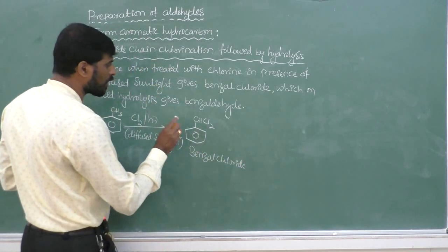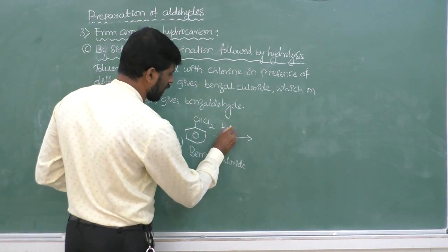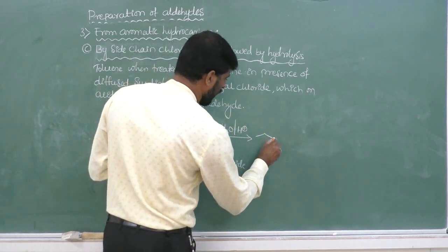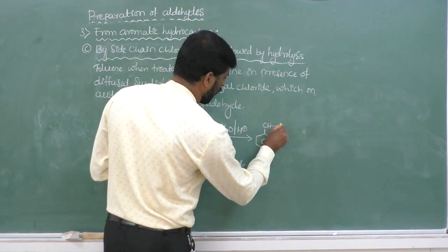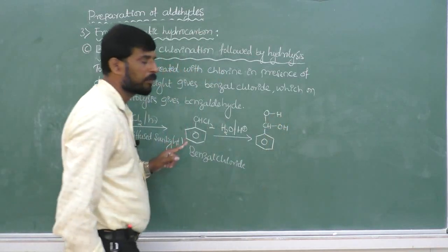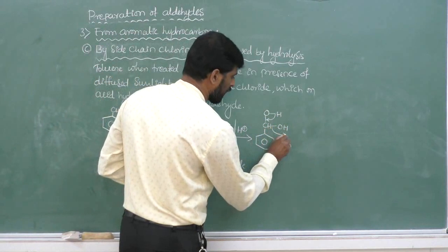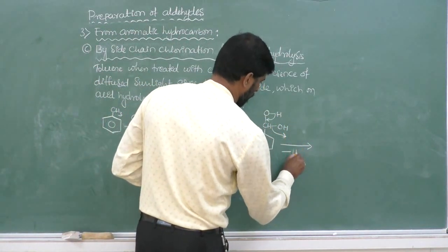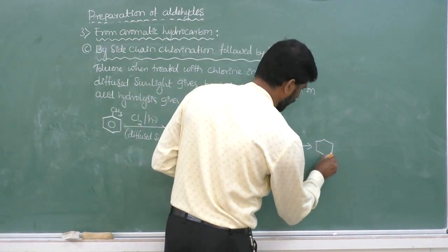And this benzal chloride on acid hydrolysis again gives a gem dihydroxy compound, that is 2 OH groups attached to the same carbon atom. It is highly unstable, it readily loses one molecule of water. That leads to the formation of benzaldehyde.